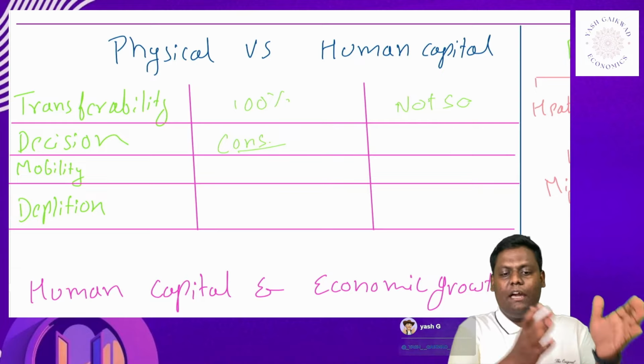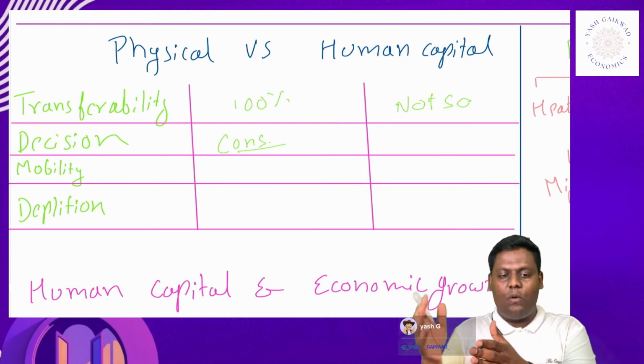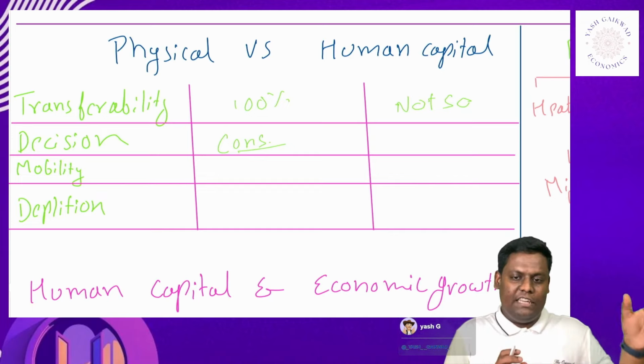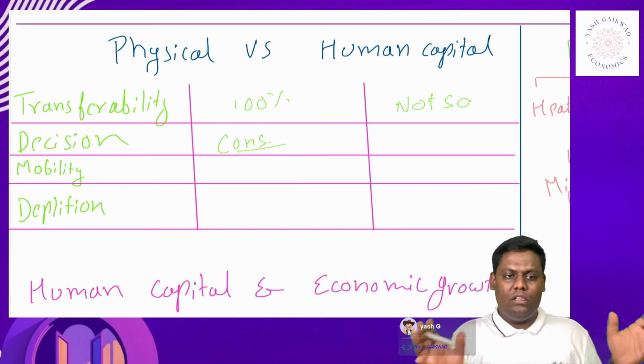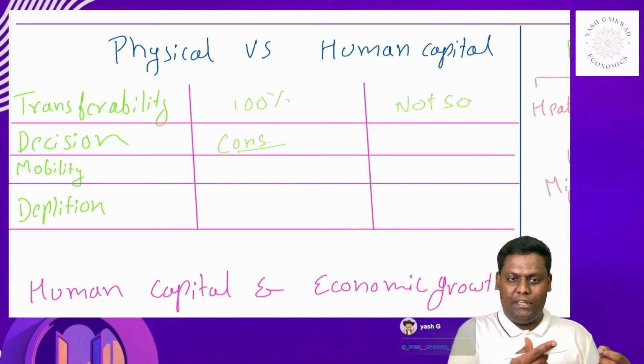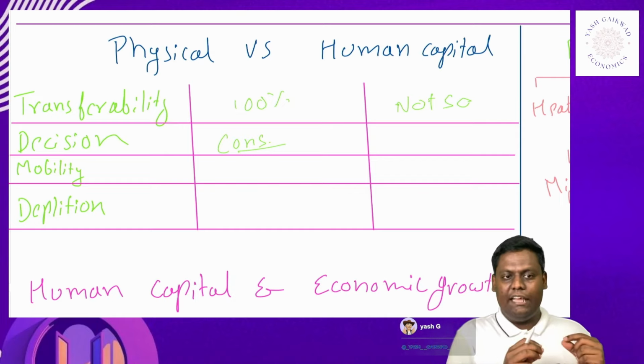What would be the overall output that I would be able to generate through it? How much money would I be able to make out of it? What are various alternative machineries available in the market? You take all those factors in mind and then you make a decision. So it involves a certain amount of thinking, and hence it is a conscious effort.